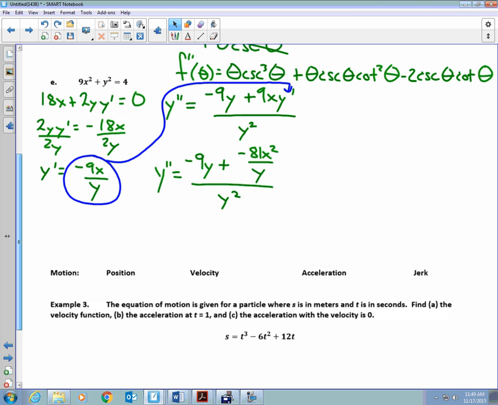Oh no, I have a complex fraction. How do I simplify a complex fraction? I have to find common denominators. Common denominator will be y.